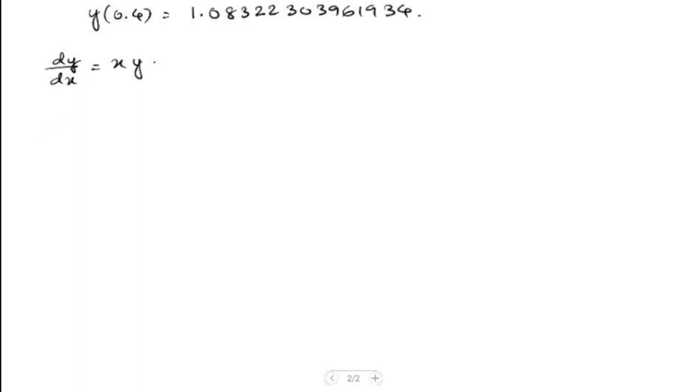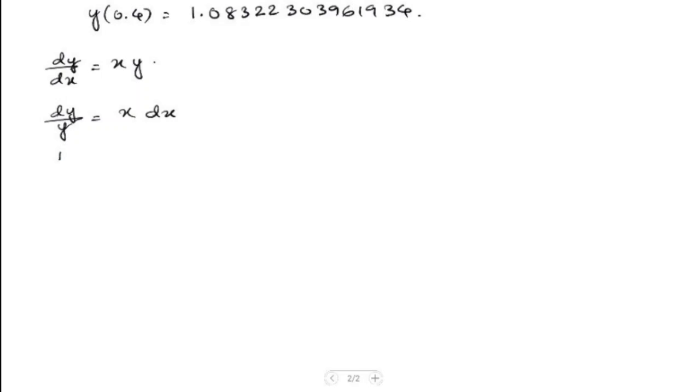This is called a separable differential equation. So we'll take all the y this side, so we'll have dy by y is equal to x times dx, with both the y's this side and the x that side.